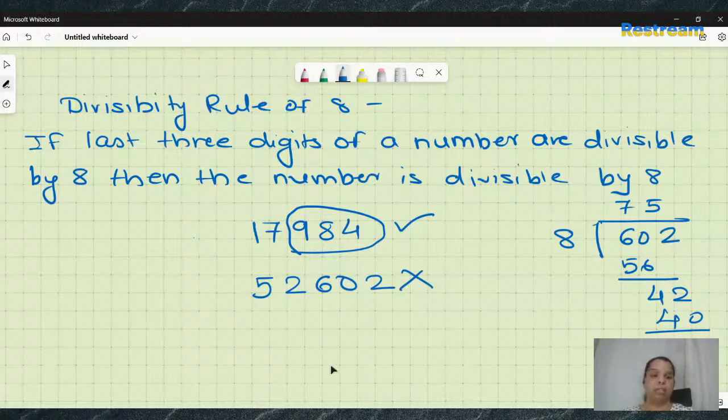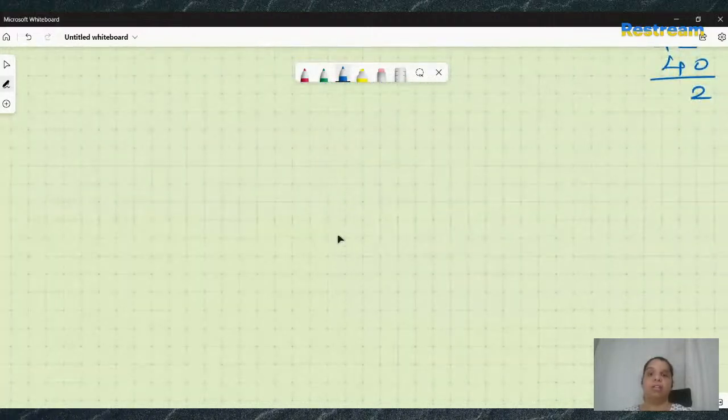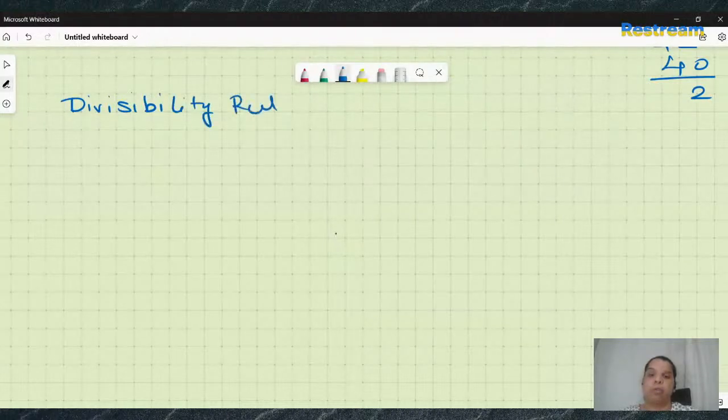Okay. Next one is divisibility rule of 9. Now this divisibility rule is similar to our rule of 3.